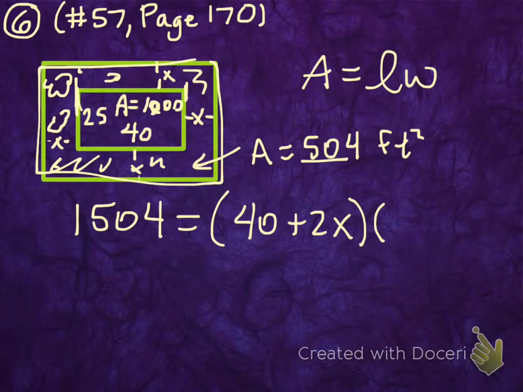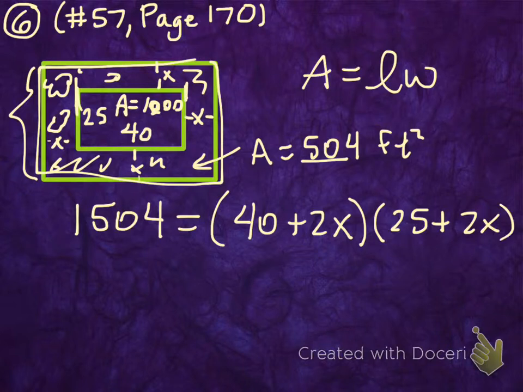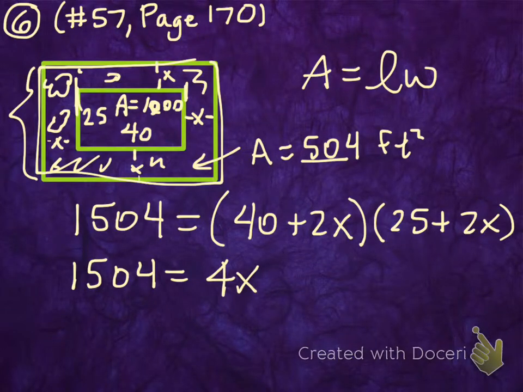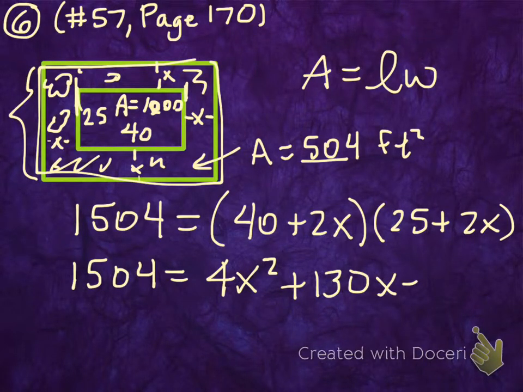And the short side from here to here is going to start with 25, and again we add X on each side, which would be 25 plus 2X. Then if we expand all that out, we get 1,504, and if we FOIL it and combine like terms, moving our squared term to the front, we end up with 4x squared plus 130x plus 1,000.